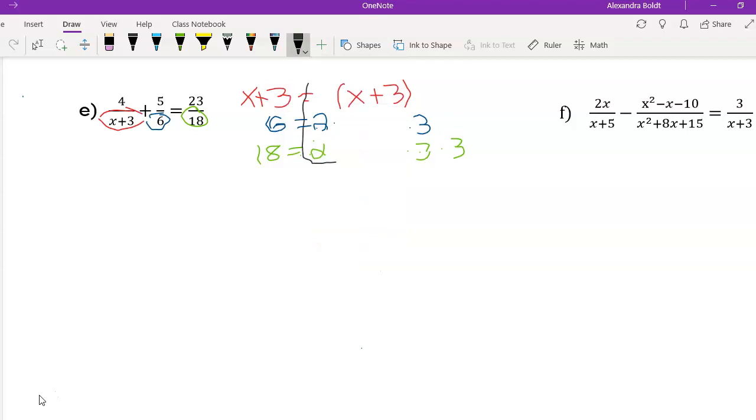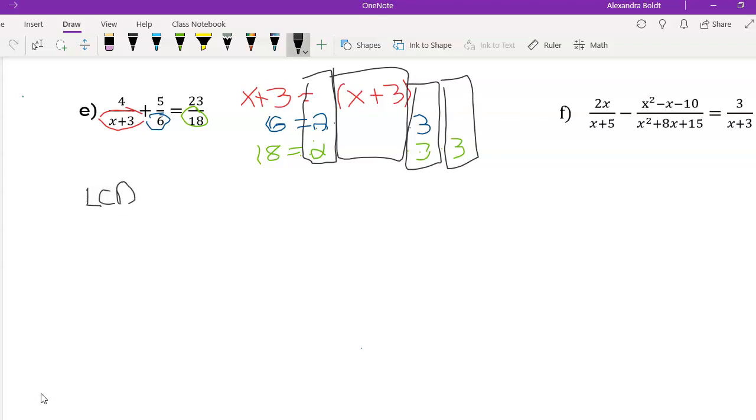So then to get our LCD, we have a 2, an x plus 3, a 3, and another 3. I'm going to put all the numbers at front. So 2 times 3 times 3 and x plus 3. Okay. So our first fraction is 4 over x plus 3.